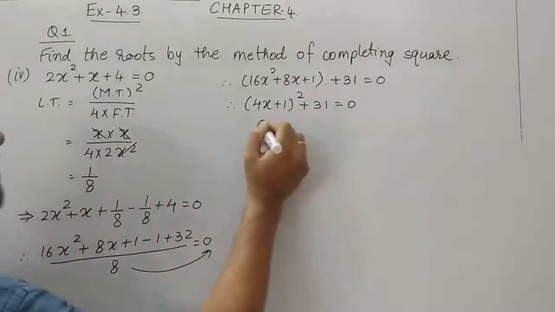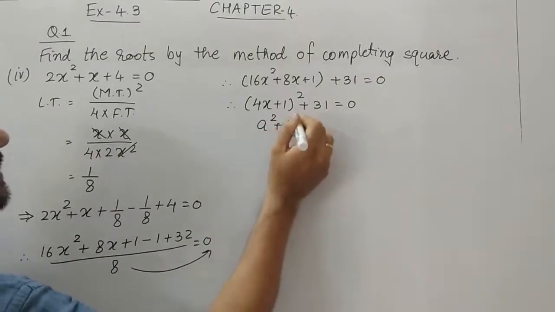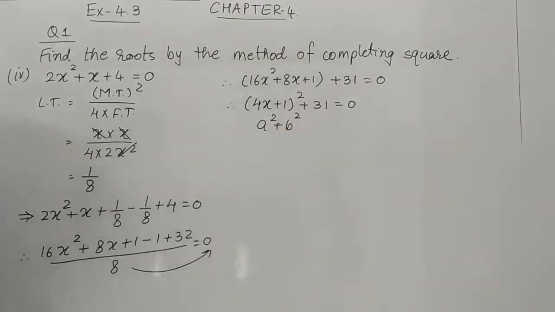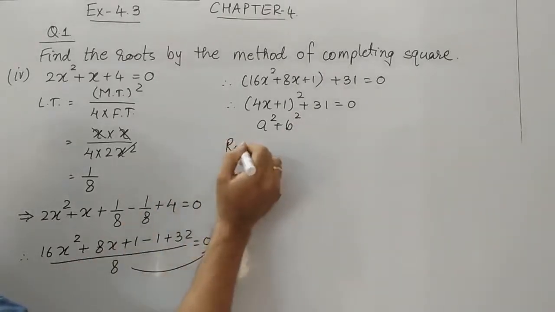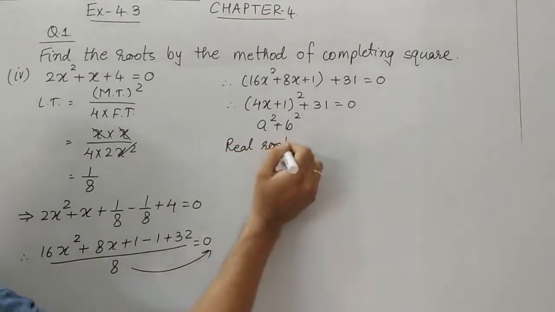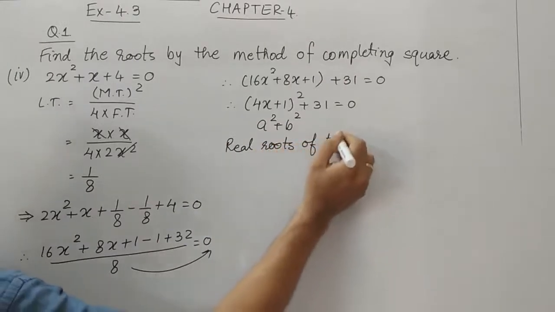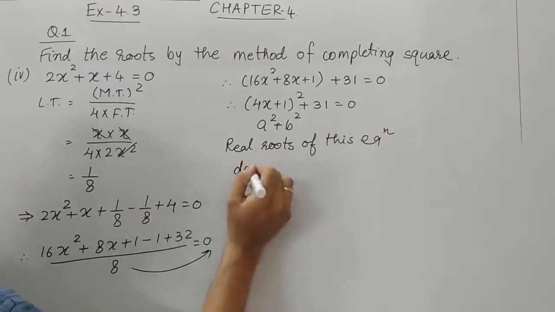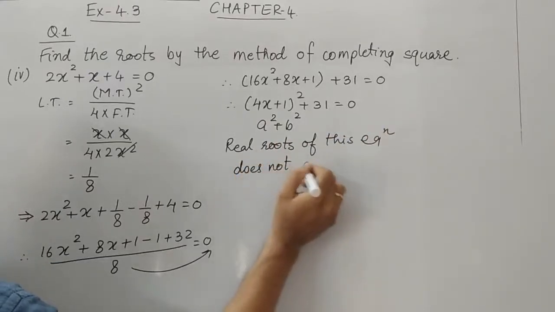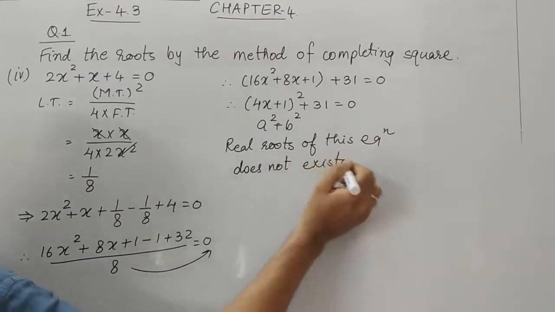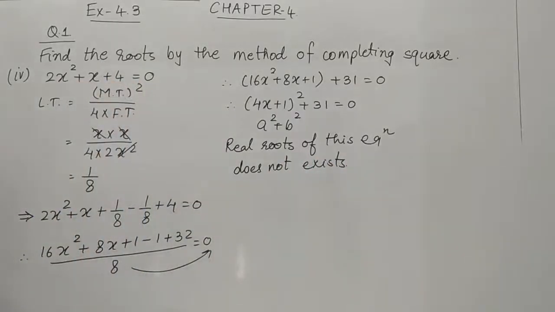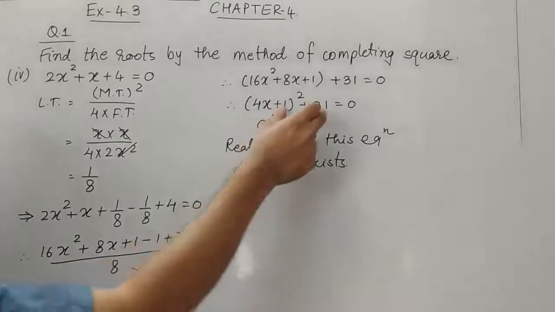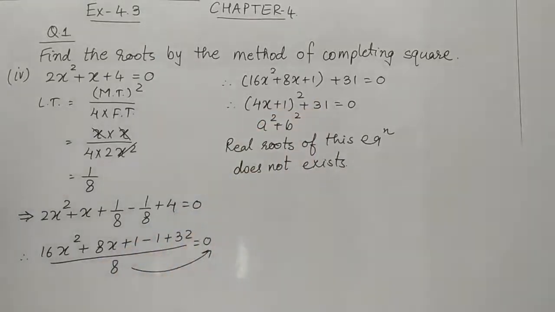We do not have any formula for a square plus b square. The factors of this are not possible. So we can say that real roots of this equation do not exist. That means the equation given in the question here will not have real roots, because here it won't come in the form of a square minus b square.